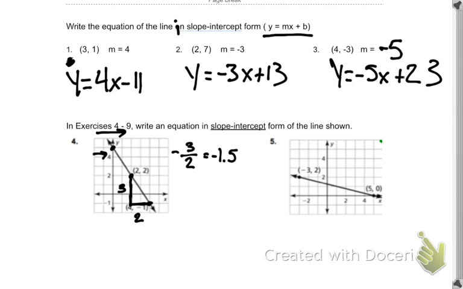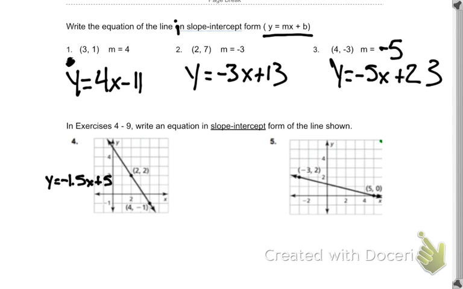So it looks like that's at 5. So my y-intercept is 5. So based off of that information, I can put my pieces in my equation to give me y equals negative 1.5x plus 5.